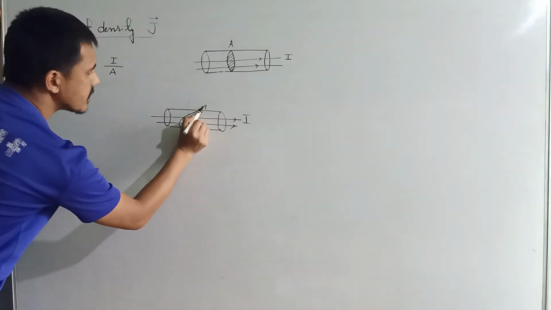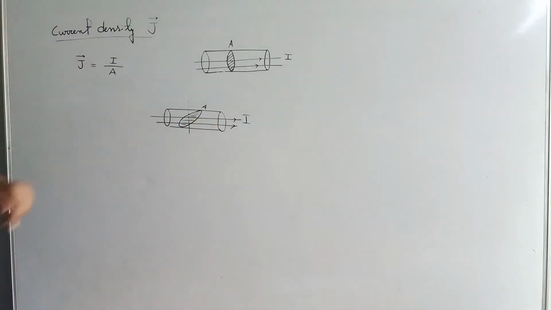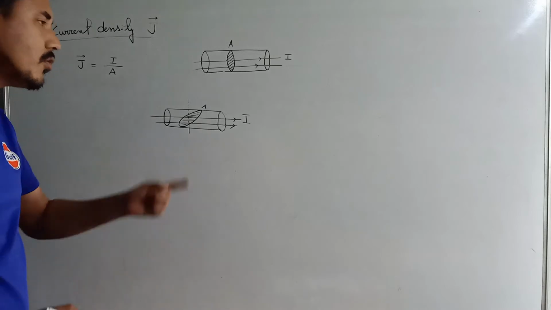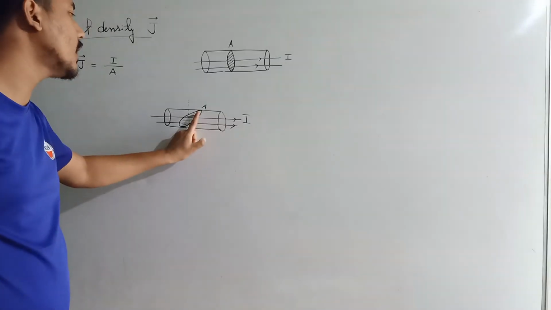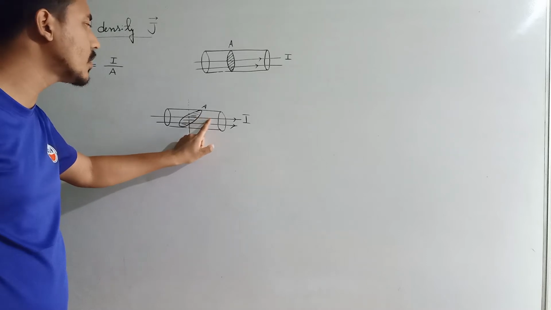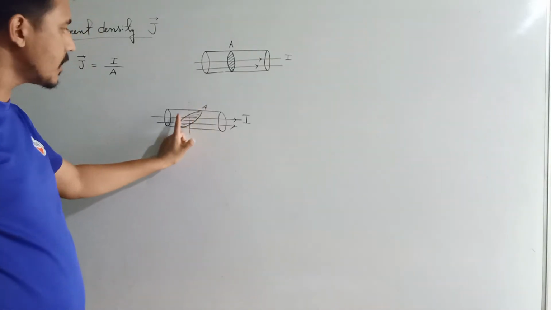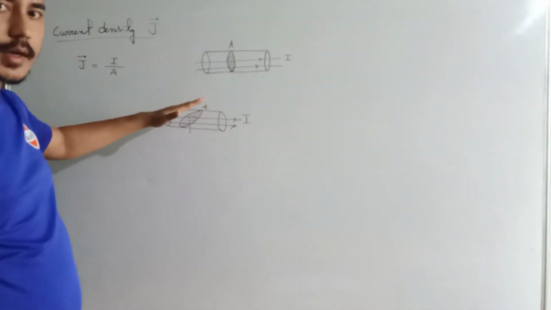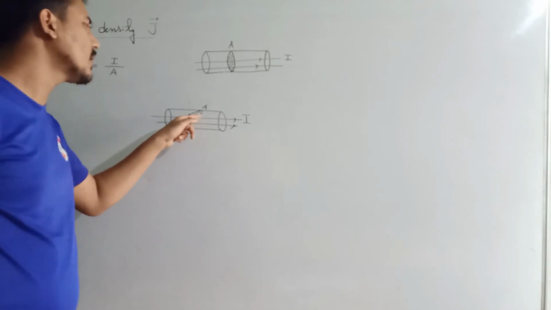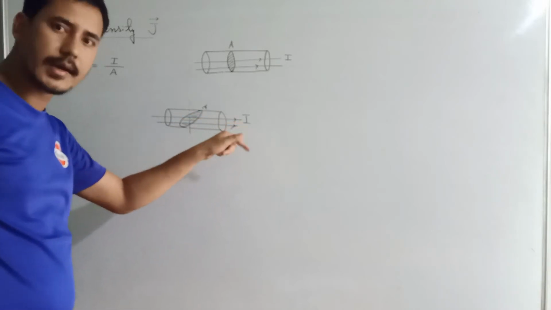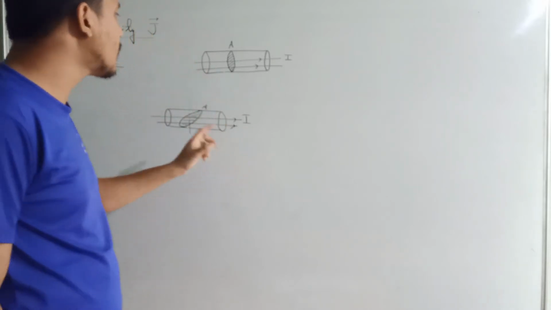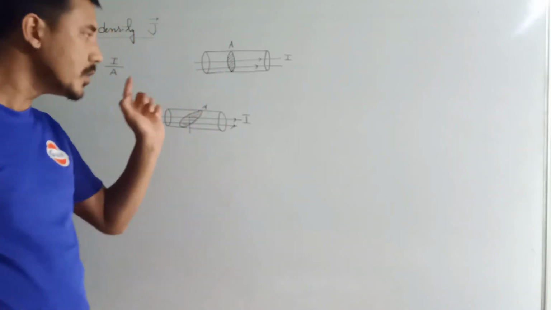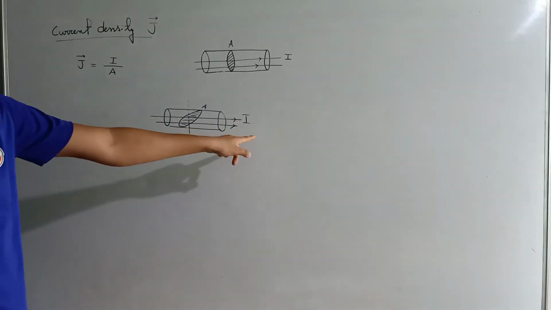Here we see that your area A is not perpendicular to the current. It may be making some angle, 30 degrees or 45 degrees, with the current. It's not perpendicular, so you need to consider the component of A which will be perpendicular to the current.